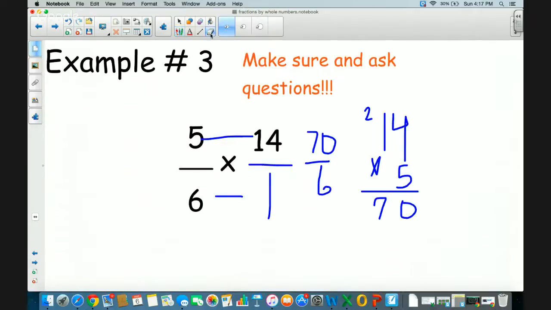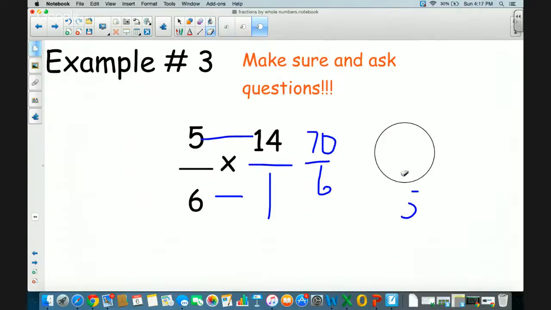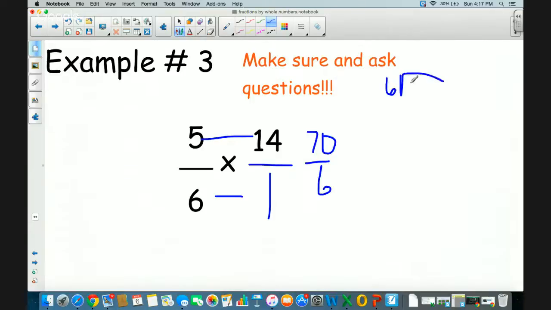Now, I have a big improper fraction. I got 70 over 6. Okay? Can't leave it that way. So we have to divide to change my improper fraction into a mixed number. How many times will 6 go into 7? 1 time. 1 times 6 is 6.